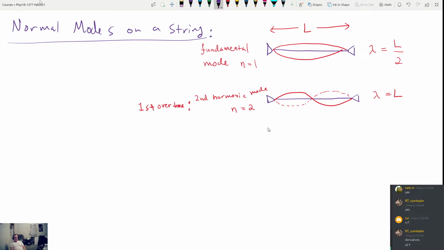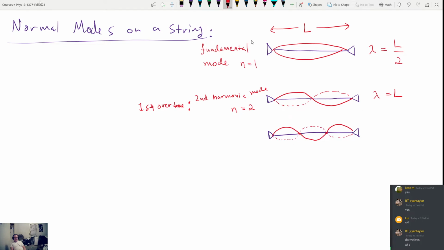We keep going up the line. We take our string fixed on both ends, right? And now we start oscillating it a little bit more quickly, and eventually you find there's another mode where I can fit not just one wave, but 1.5 waves on here and set up a standing wave.